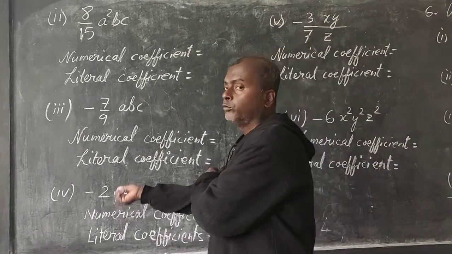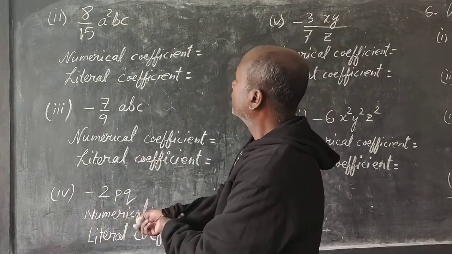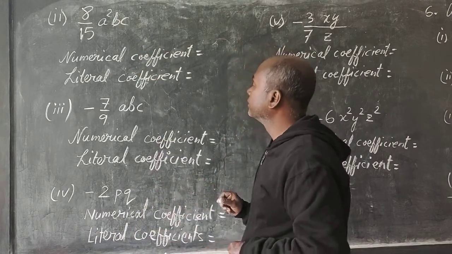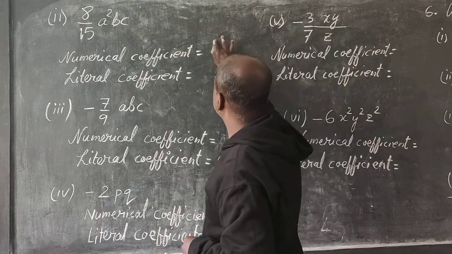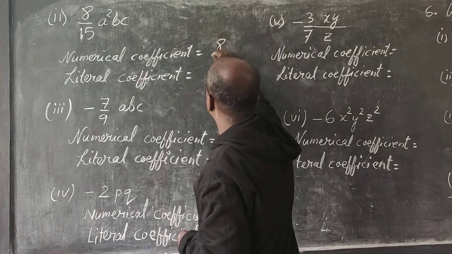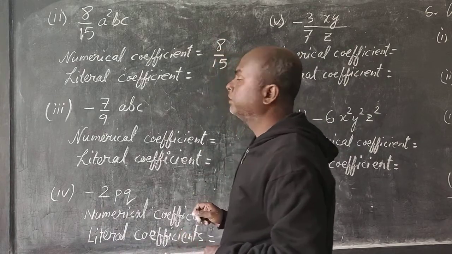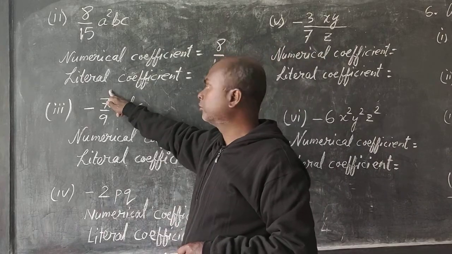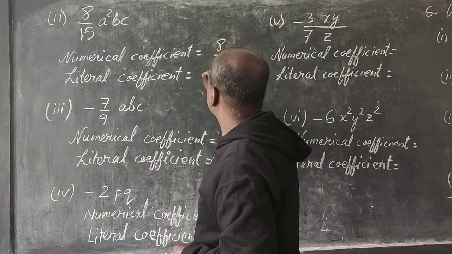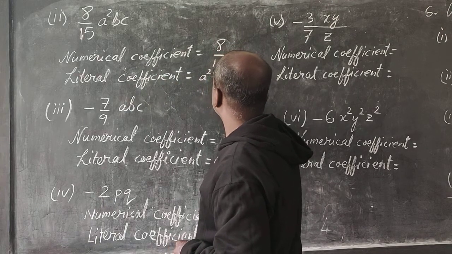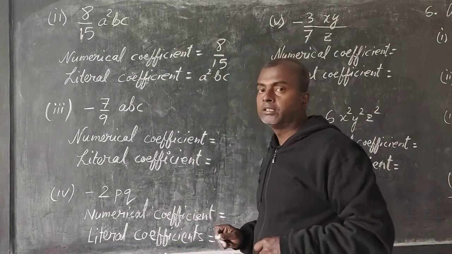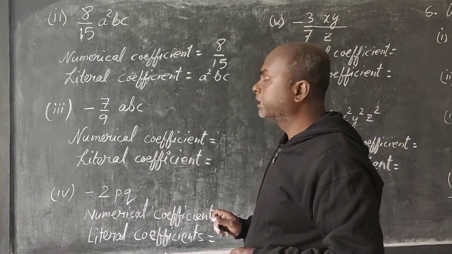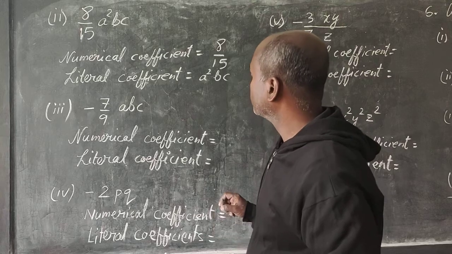Okay, now part 2. You have the expression 8 by 15 a square bc. The number over here is given in fractional form. So 8 by 15 is the numerical coefficient, and the letters, the variables or literal coefficients, are a square bc. a square bc is the literal coefficient, 8 by 15 is the numerical coefficient.